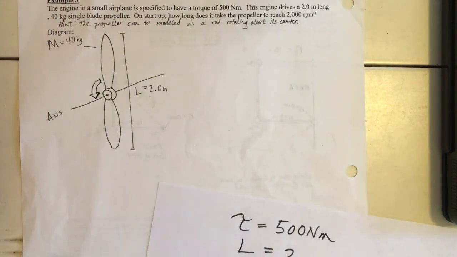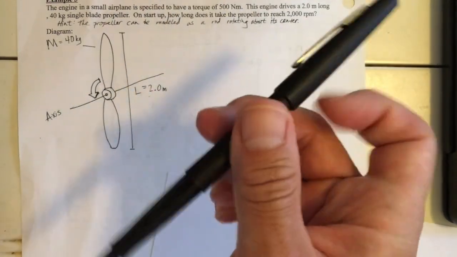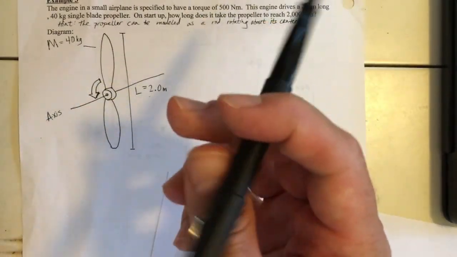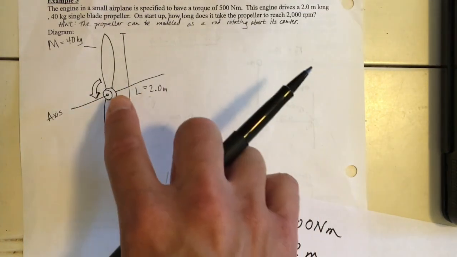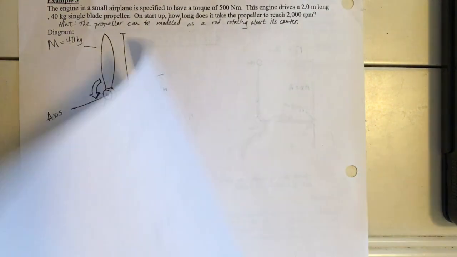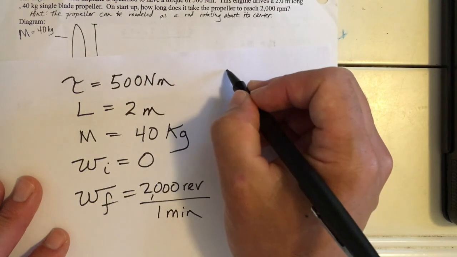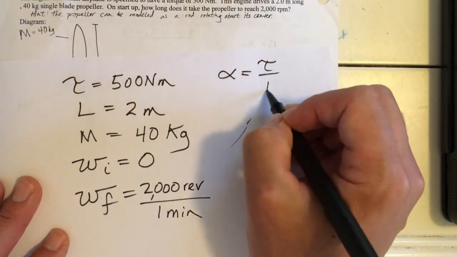So what we have is, if we have a rod rotating about its center, was it 1/12 ml squared or 1/3 ml squared? And hopefully by now you're starting to remember, well, it's easier, so therefore it's going to be the smaller moment of inertia, because when the moment of inertia is smaller, alpha is larger, right?